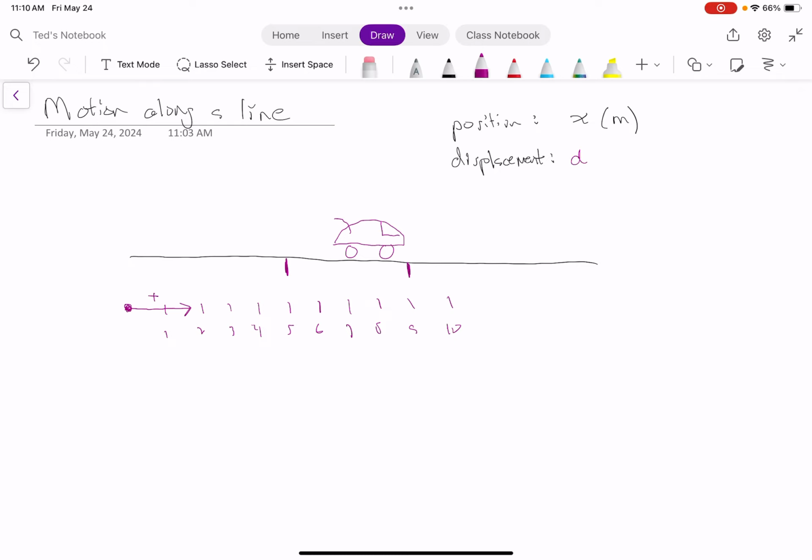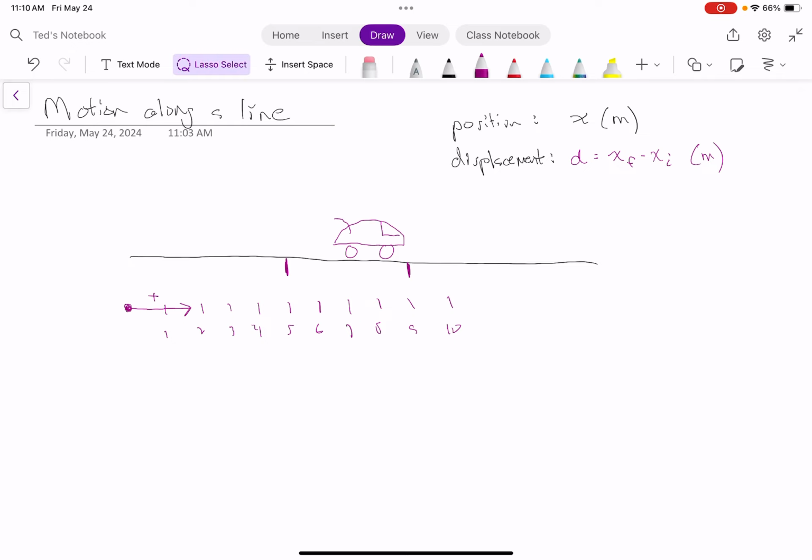Displacement is defined as your final position minus your initial position, and this is also measured in meters. In this case, if my final position was 9 and my initial position was 5, we have a displacement of plus 4 meters.